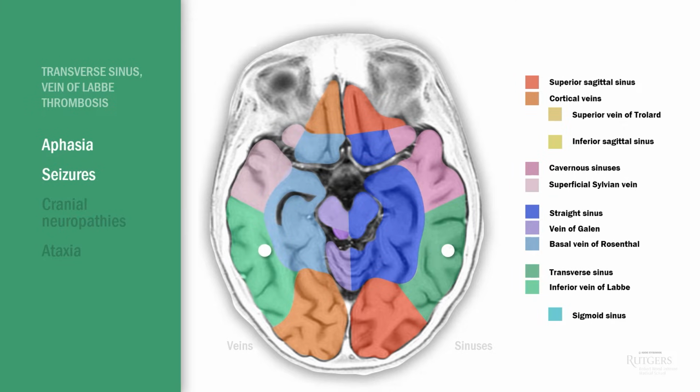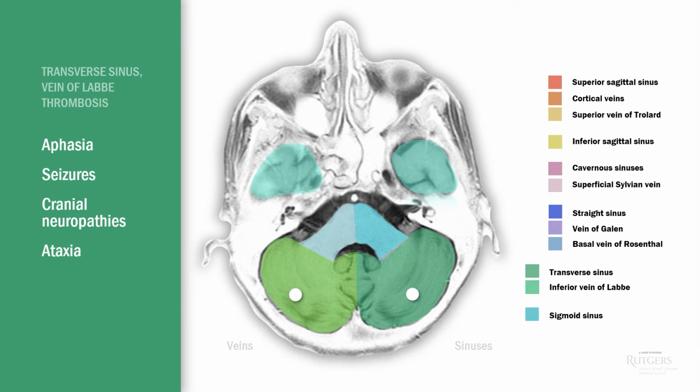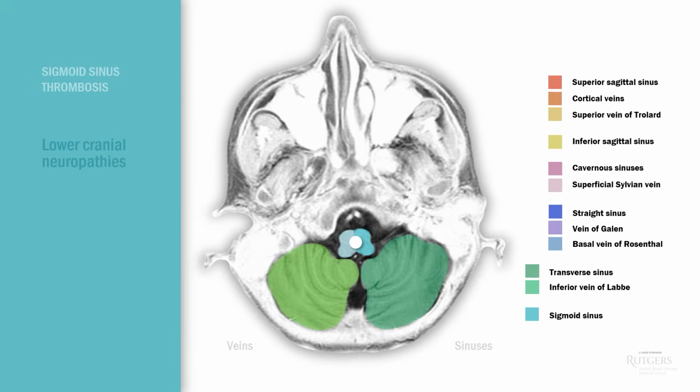What's less common are cranial nerve palsies. Transverse sinus actually drains multiple upper cranial nerves. Transverse sinus also drains the cerebellum, so extensive thrombosis may cause cerebellar signs and ataxia. At the base of the skull, sigmoid sinus drains the lower brainstem, so you can expect multiple lower cranial neuropathies.